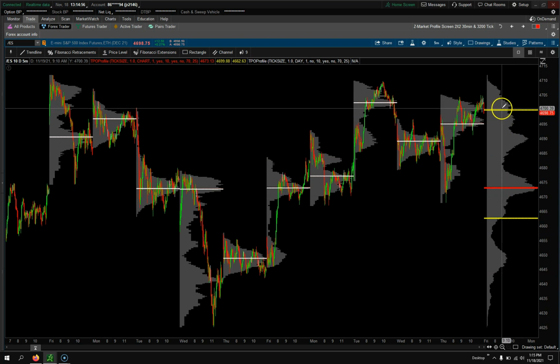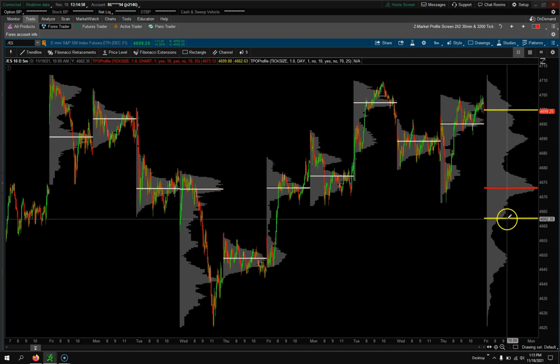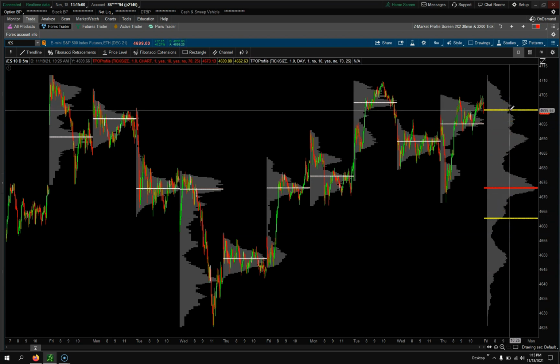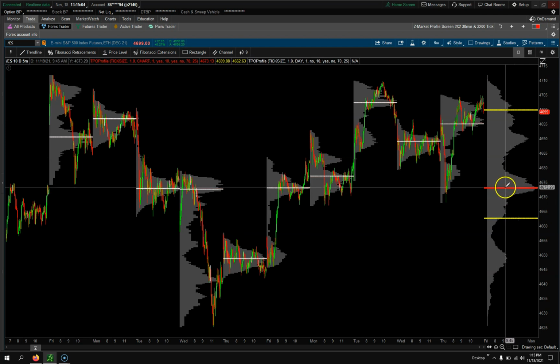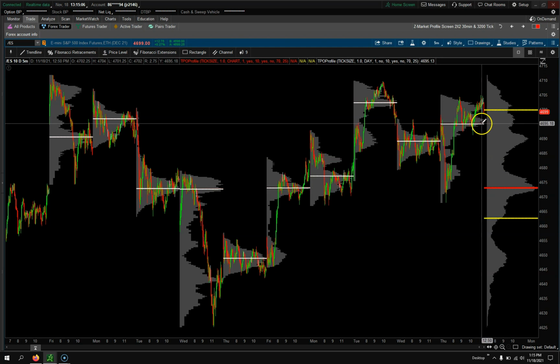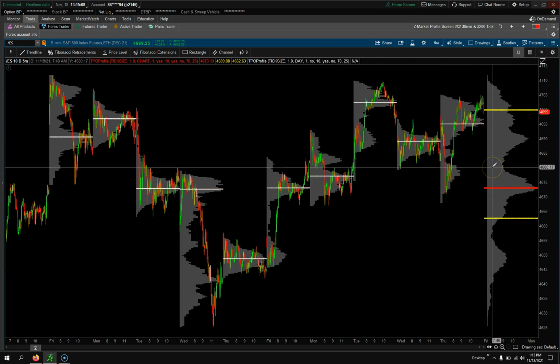And just real quick, these yellow lines right here are the value area high and value area low. This red line is also the same as this white line. I just have them colored differently for different things, but essentially they are the exact same thing. They're called the POC, or the point of control.